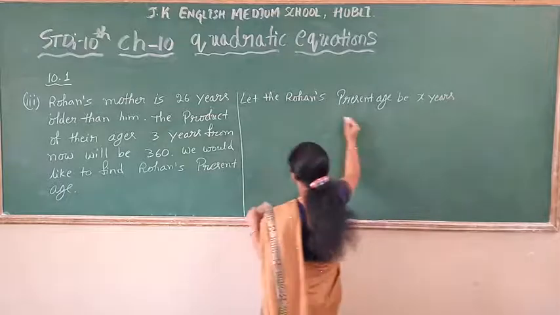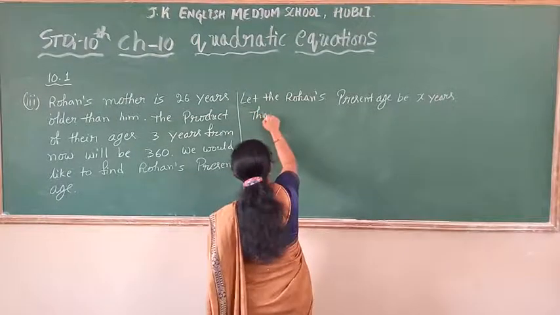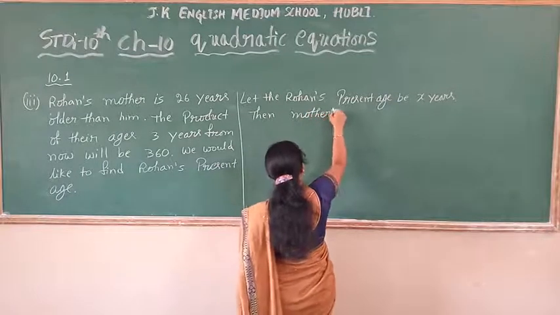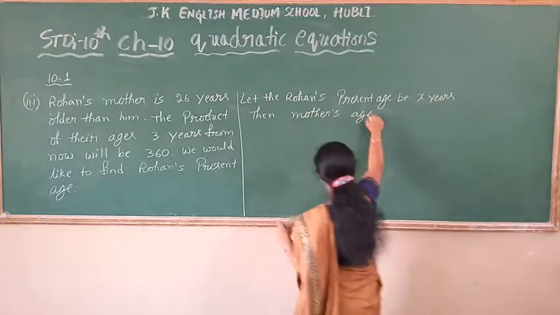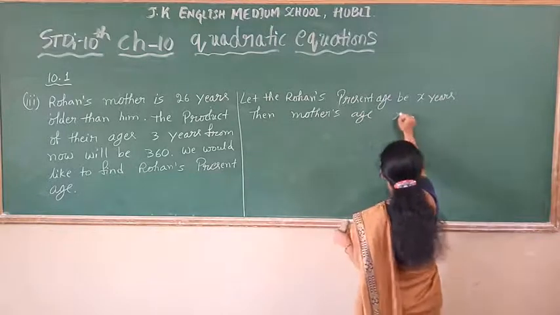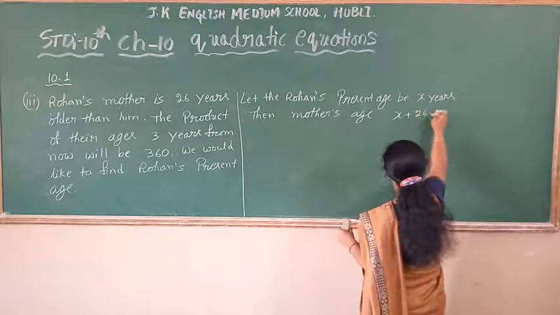Then his mother's age, according to the statement, is 26 years older than him: X plus 26 years.